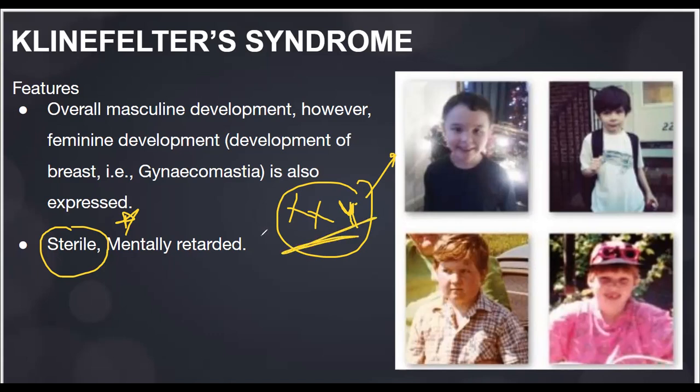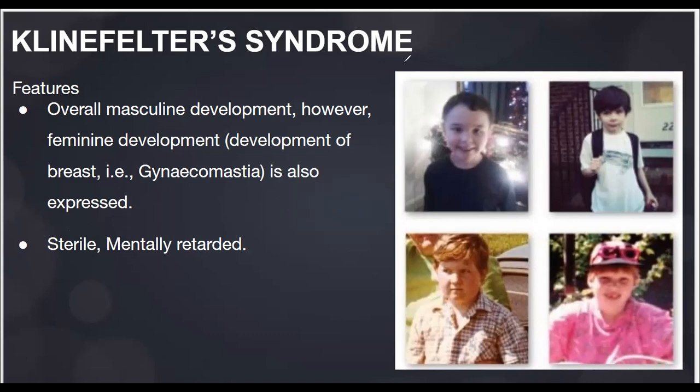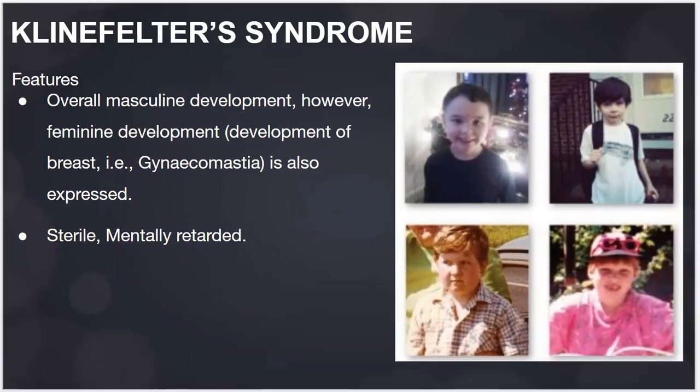He is neither a complete male nor a complete female, but a mixture of both. So sterile, fine. And he is mentally retarded, with very slow or no development of the central nervous system, brain, and spinal cord.